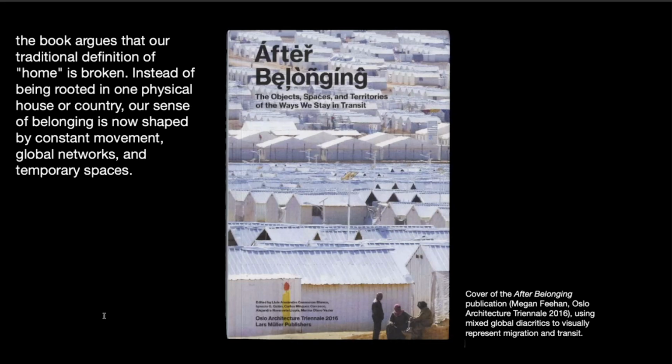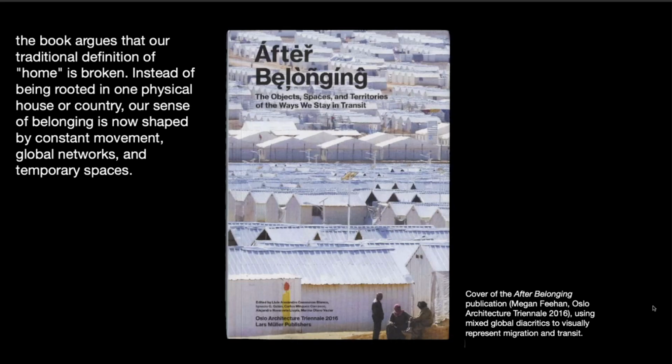The book is arguing that our traditional definition of home is broken. Instead of being rooted in one physical house or country, our sense of belonging is now shaped by constant movement, global networks, and temporary status. So it makes sense that she's using all the diacritics or glyphs from other languages.